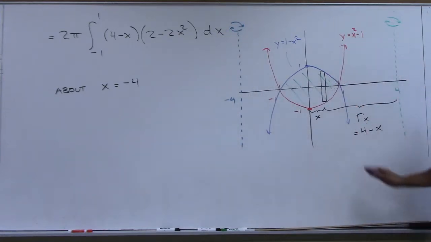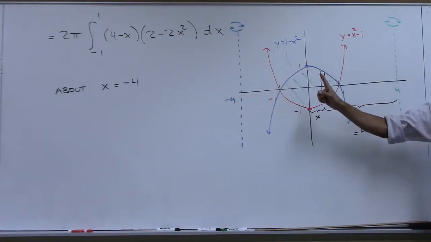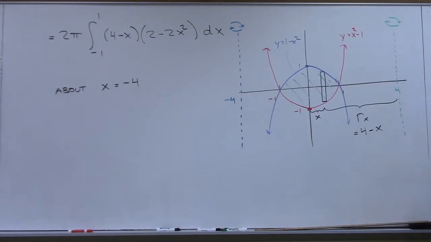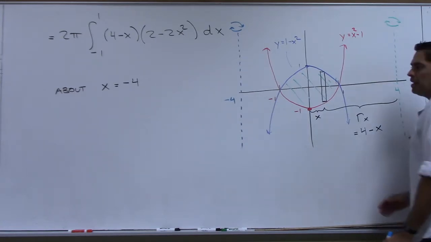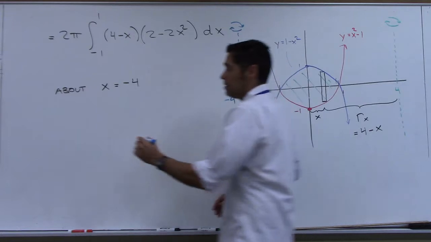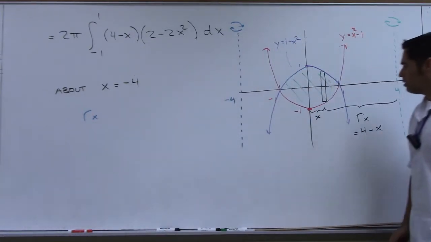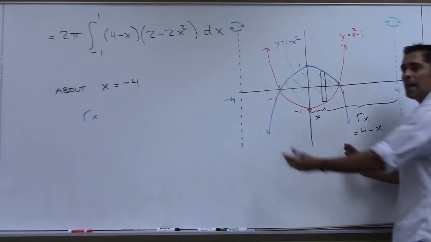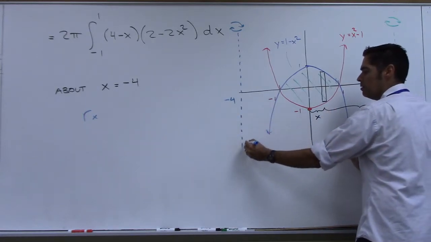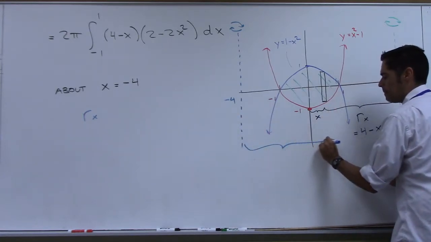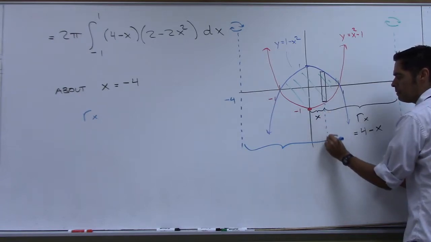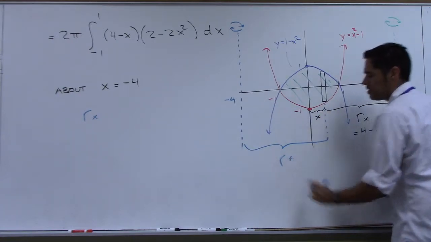So different problem, same rectangle wrapped around. The only thing we really need is the R of x, right? That's the only thing in the problem that's going to change. So the distance from the axis of rotation to the rectangle this time would be what?